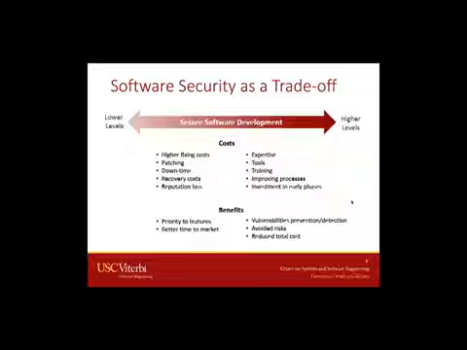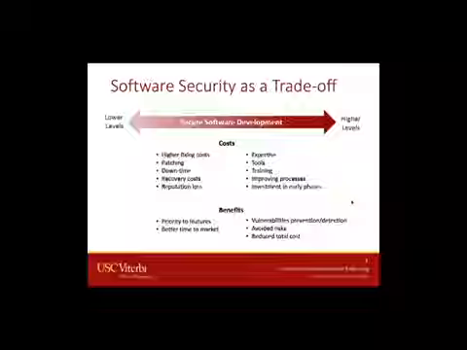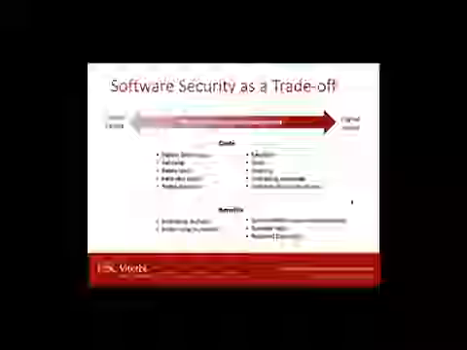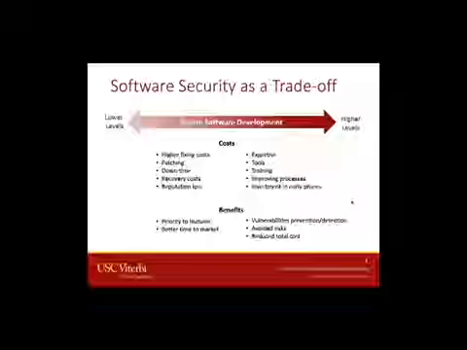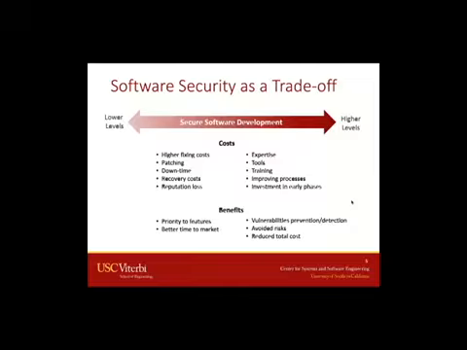But as benefits, priority can be given to features or having a better time to market. On the other side, more investment in security implies spending effort and costs on security experts, security tools, security training, improving the processes, and it requires these investments to be done in the early phases of software development.